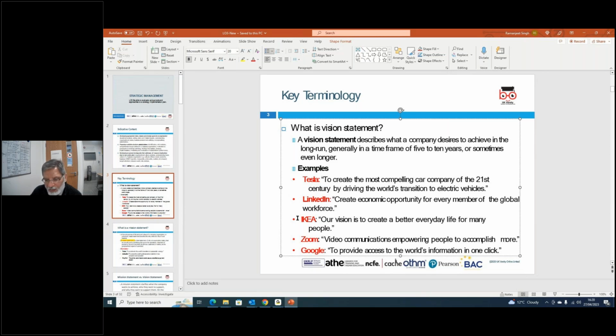Their vision is to create a better everyday life for many people. So different organizations will have a different vision, and it's a longer-term dream, where they want to see the company.